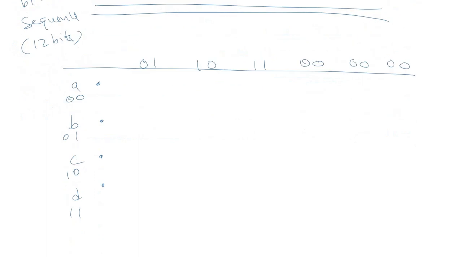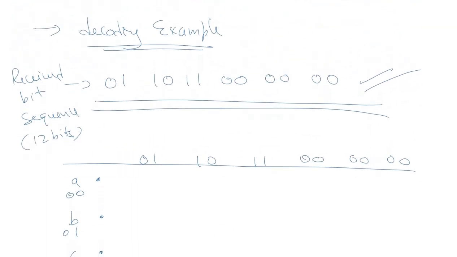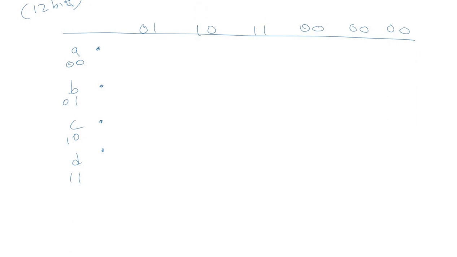Now initially we assume that we are at state A. If the input is 0, the output will also be 0 0.